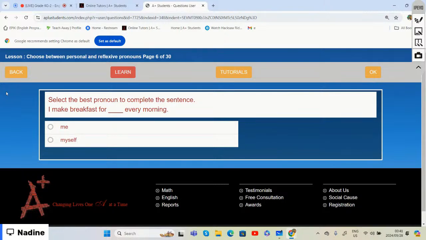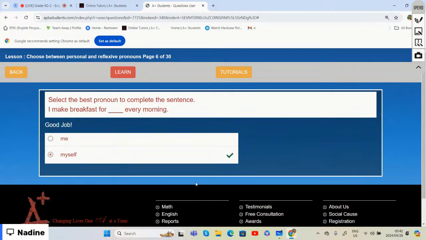And if we were to choose the correct option, remember, a reflexive pronoun refers back to the subject. Let's say the I refers back to myself. So we can then say, I make breakfast for myself every morning.